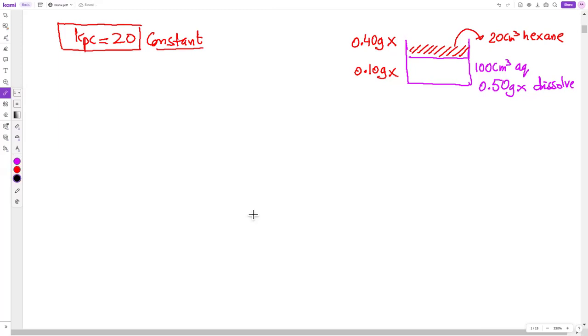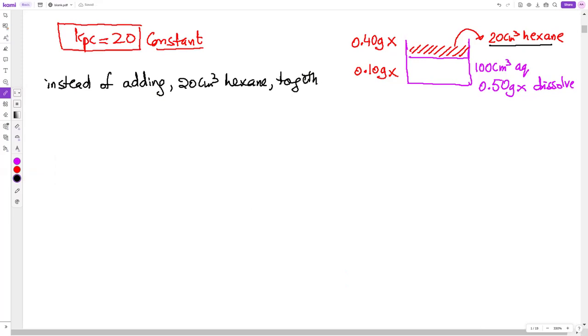Now the next thing, beta, is that instead of adding this 20 cm cube hexane together in one step, let us add hexane, 10 cm cube in two intervals.